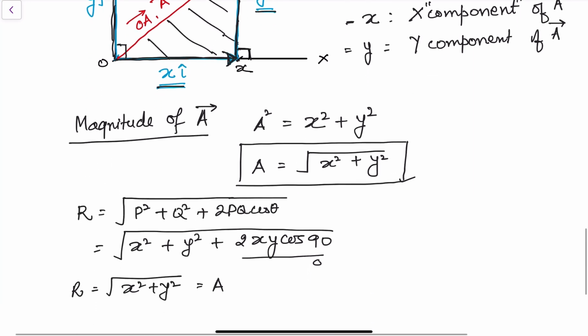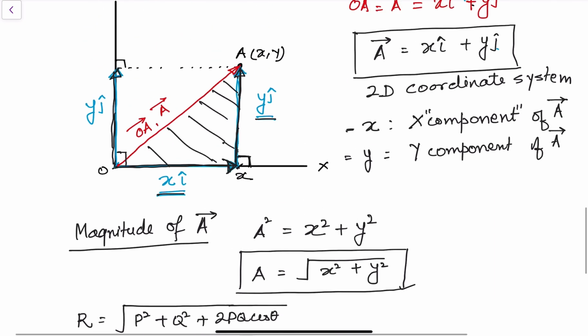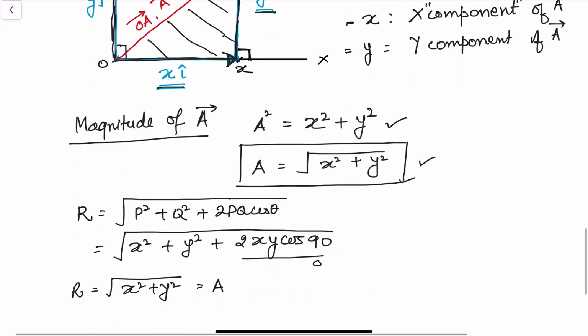How do we get the magnitude of the vector A? The shaded triangle is a right angle triangle, so you can apply Pythagoras theorem, and that will give you the magnitude of A, root of x square plus y square. You can obtain this from the parallelogram law also.